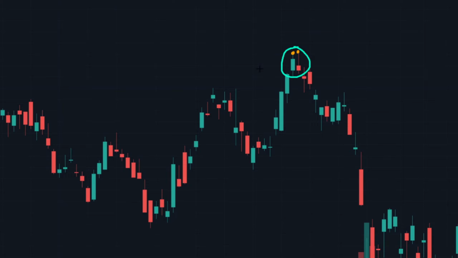They can still be patterns, but not as significant if they aren't touching the same level. But this one right here is kind of a tweezer top shooting star, right? Because since the second candle, the red candle, has such a small lower shadow, we can kind of think of it as a shooting star. So this is a tweezer top right here, and we can see that the tweezer top actually marked a reversal from an upwards movement to a downwards movement.